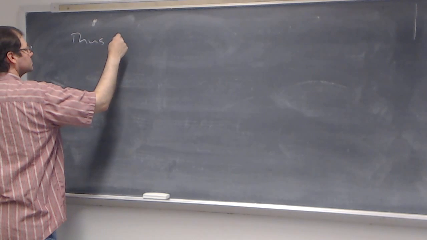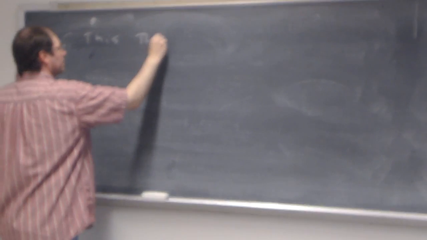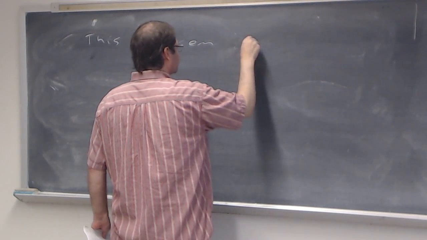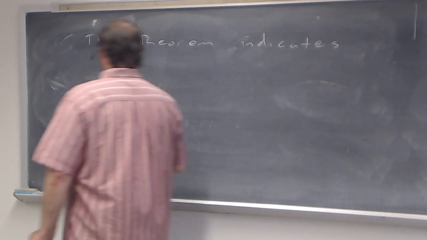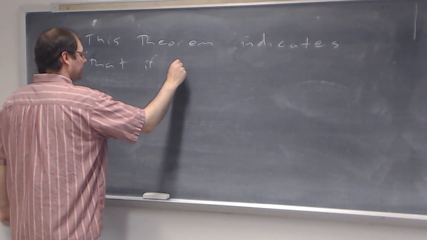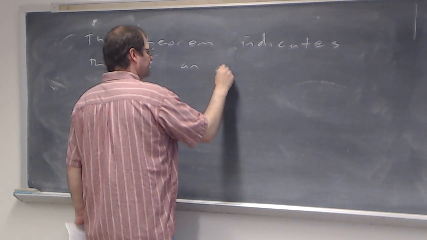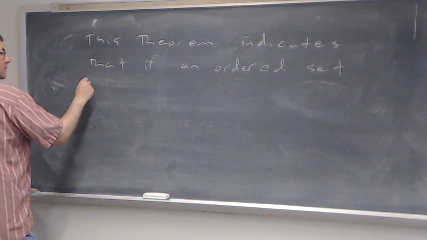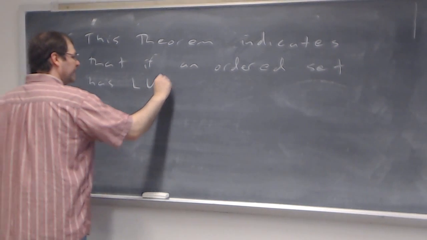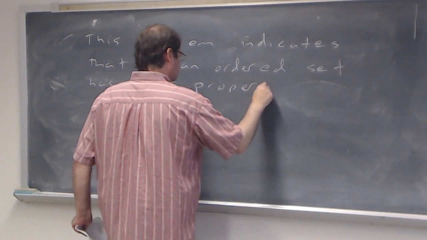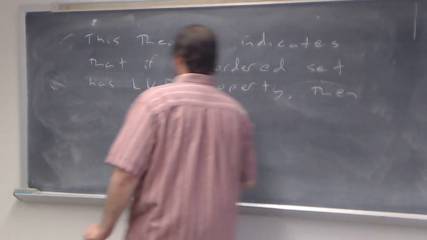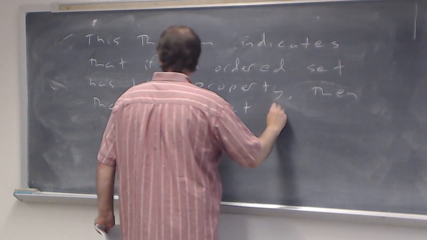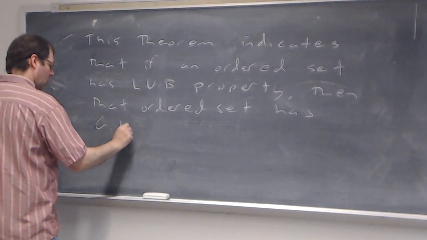Thus, this theorem, and theorem is just a big mathematical word for fact, big fact, shows or indicates that if an ordered set has the LUB property, then that ordered set has the greatest lower bound property.